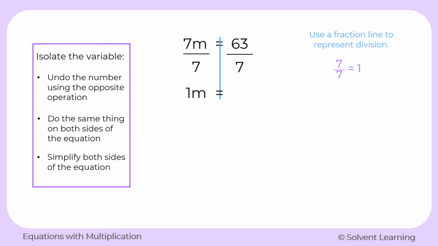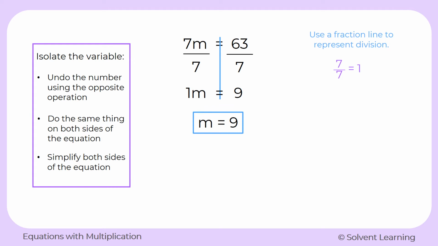63 divided by 7 is 9. Now we're not completely done because our variable m isn't totally isolated. We have 1 times m, but if you'll remember back to when we learned about the identity property, when we multiply something by 1, it doesn't change its value. So that 1m is really just equal to m.